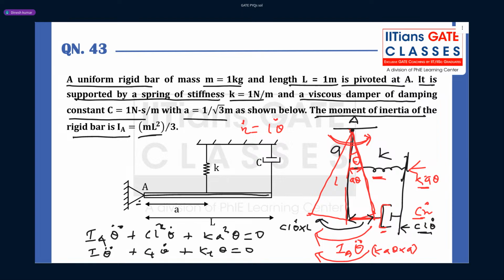Sahil, Ashish, is this question clear? As I already told, Sahil, there is some typo in the solution which is available. Is it clear?